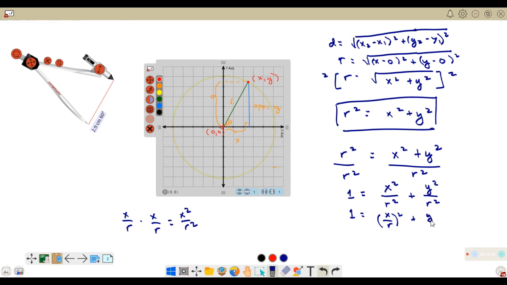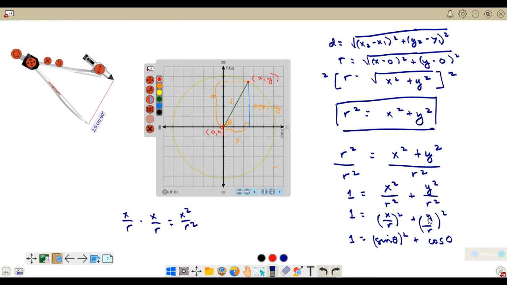Dito sa kabila, we have y over r, tapos squared ulit. What do we know about x over r? X over r is sine theta, di ba? So, sine theta, tapos may square tayo dito. Nakasquare siya na ganyan. Plus cosine theta.